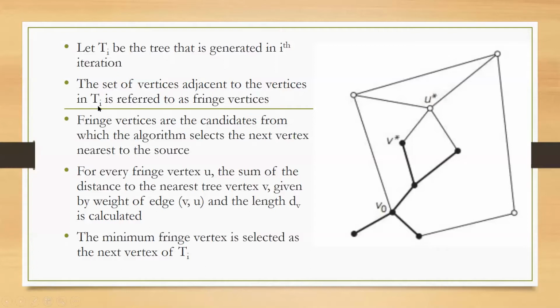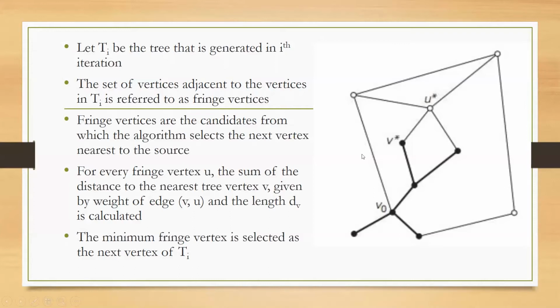And the remaining vertices are V minus Vt. Out of those remaining vertices, the ones that are adjacent are called fringe vertices. Once again, read this point: the set of vertices adjacent to the vertices in Ti is referred to as the fringe vertices.